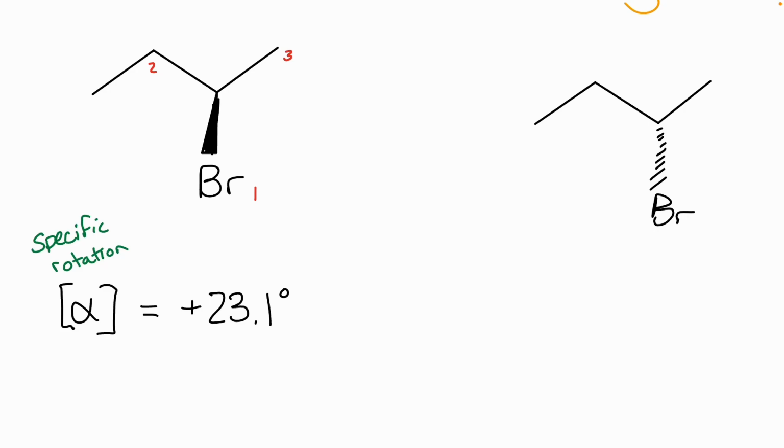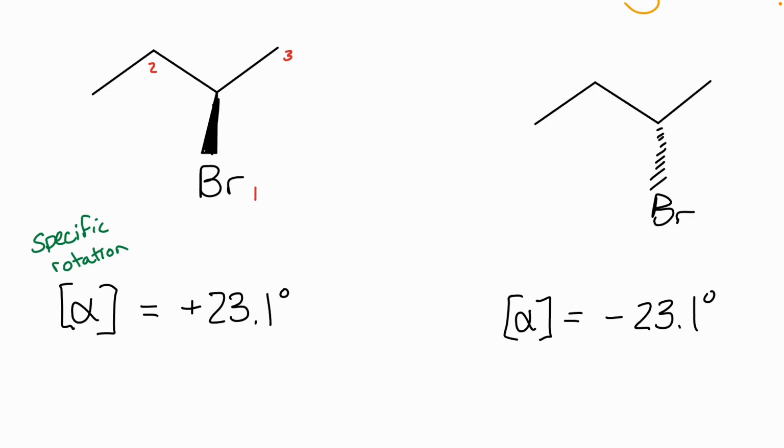Okay? One of the amazing things is that if I were to take my other isomer, my S isomer, and put it in, I would see that it rotates light the exact same amount, but in the opposite direction. So if my R isomer is positive 23.1, the S isomer would be negative 23.1, right?